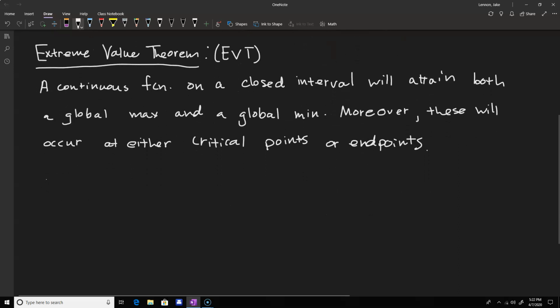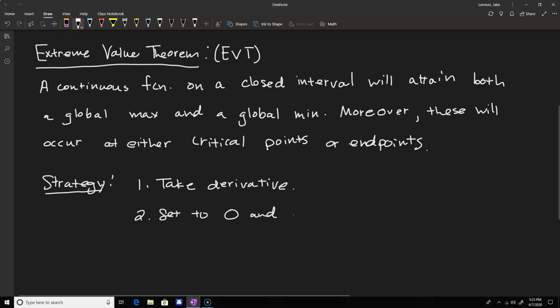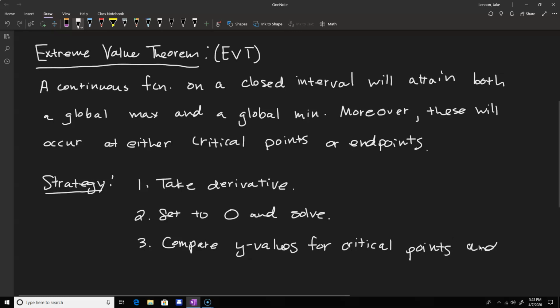Let's just summarize the strategy first. The strategy for applying this theorem is: 1, take the derivative; 2, set to 0 and solve; 3, compare y values for critical points and endpoints when plugged into the original function.